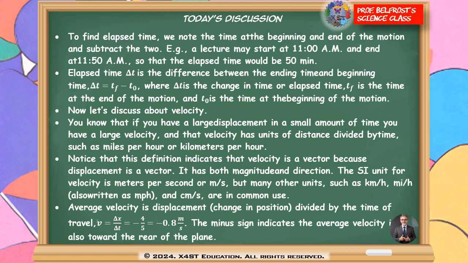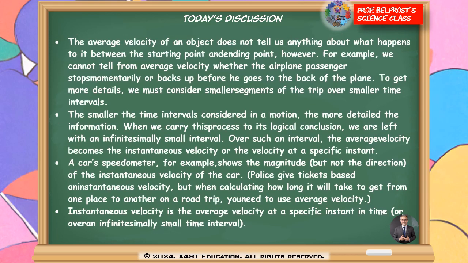And the minus sign here indicates that the average velocity of the motion is going towards the rear of the plane. The average velocity of an object doesn't tell us anything about what happens to it in between the starting time and the ending point.